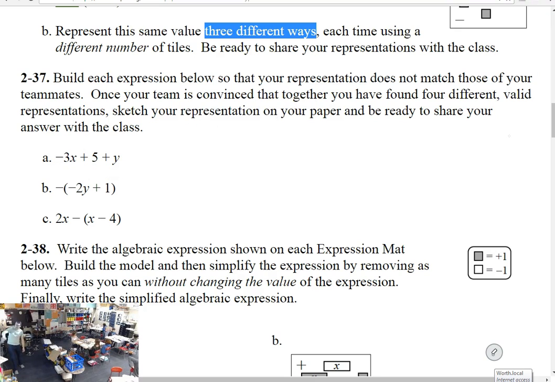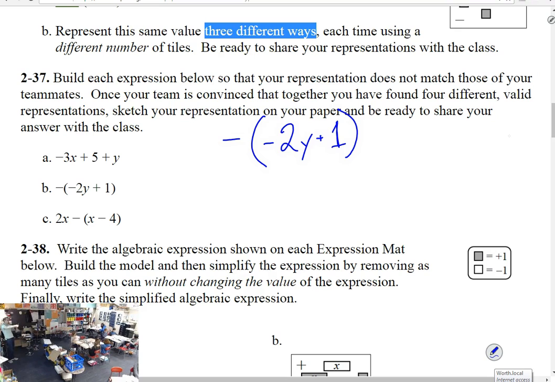Now, B and C have work that can be done, so if you haven't written them down yet, please jot it down. I'll write it down again. The opposite of negative 2y plus 1. So if I build this just exactly how it shows, everything's on the opposite side. I use 2y tiles and a positive x, but they're on the opposite side.